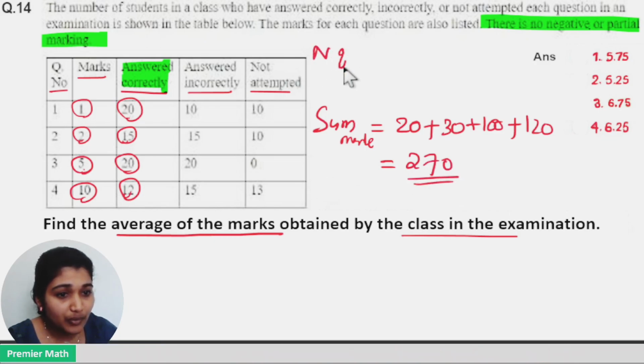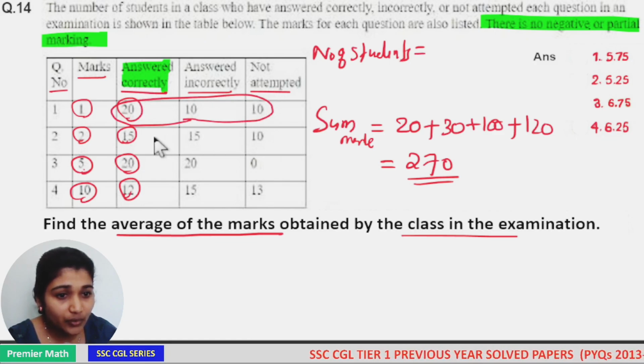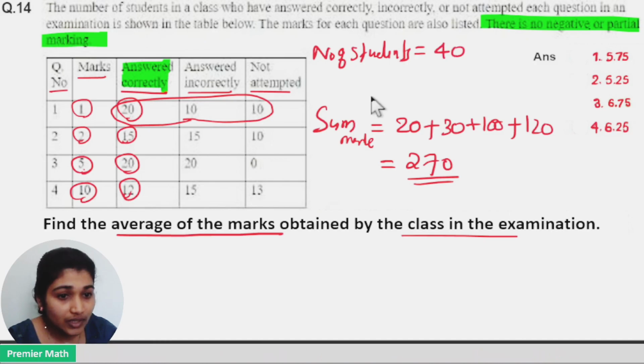And here the number of students, if you look at this, is 20 plus 10 plus 10. The total number of correct, incorrect and not attempted questions is 20 plus 10 plus 10, 40. Here also it is 40, here also 40, here also 40. So the total number of students is 40.